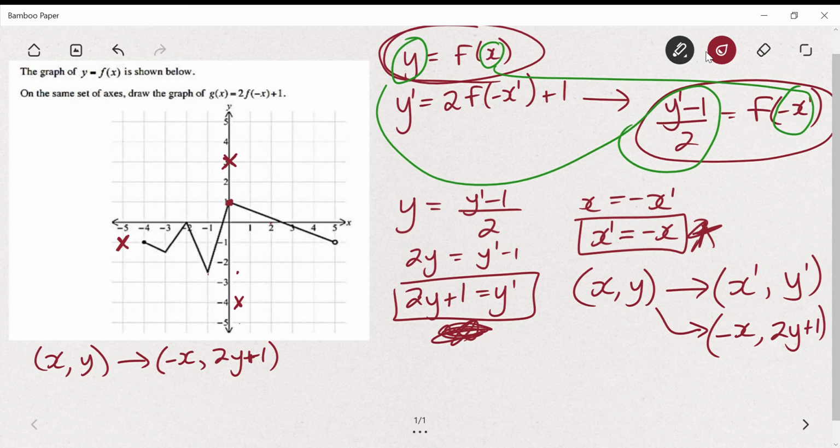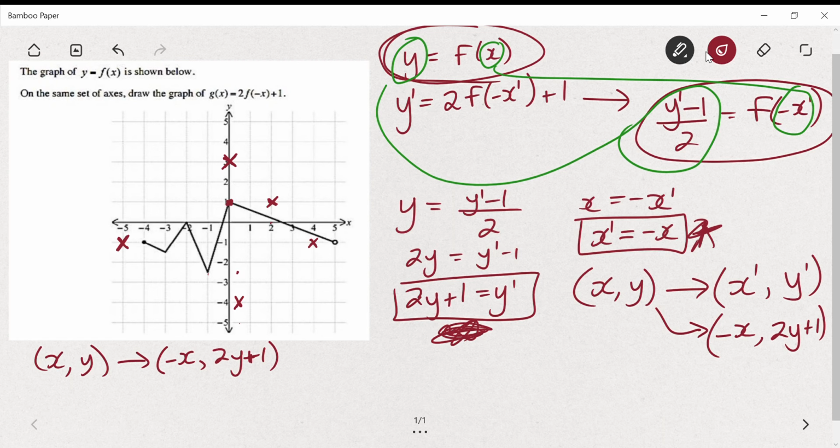And then we want to double its distance from the x-axis, which is just where it is because it's no distance from the x-axis, and we need to add on 1. So we end up there. This point here, we reflect it across to 4, there, double its distance from the x-axis, which is here, and add on 1, and we end up back here. And so we've taken many of those key points on the original graph.